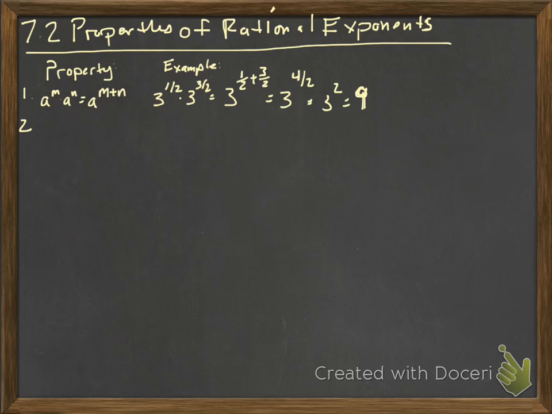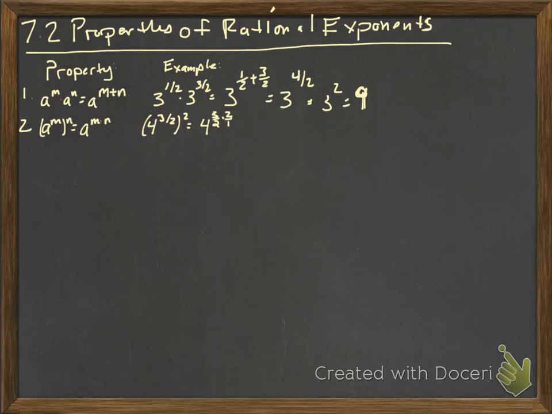Let's go to the second property. How about the power of a power property? Let's do a to the m power raised to the nth. If you have a power of a power, hopefully you remember to multiply the exponents. So an example here is if I have 4 to the 3 halves power and I'm squaring that, what I need to do is multiply the exponents. 3 over 2 times 2, which is the same as 2 over 1.